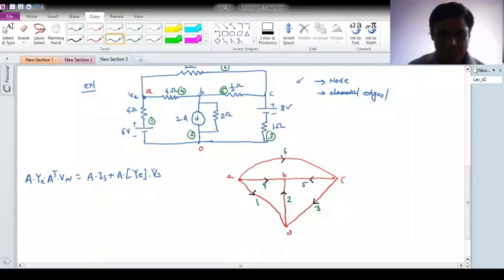Okay, this is all in matrix or vector representation, so that way also you can write the same way. Okay, fine.